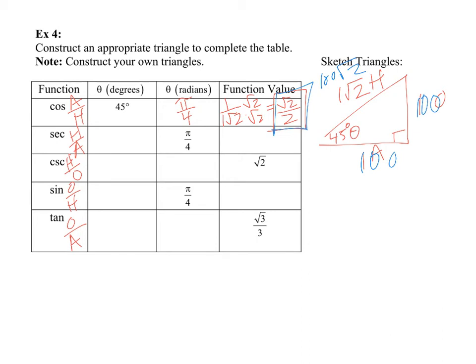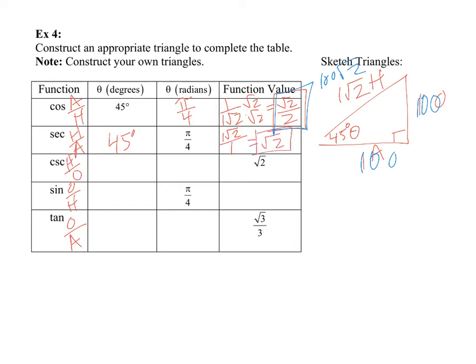All right, here I have pi over 4 radians. That's going to be 45 degrees. And I'm just going to go back to the same triangle I drew before because it's not going to look any different. So I'm going to use, let's see what I have here. Hypotenuse is 1 square root of 2 over adjacent, which is 1. So that's just square root of 2.